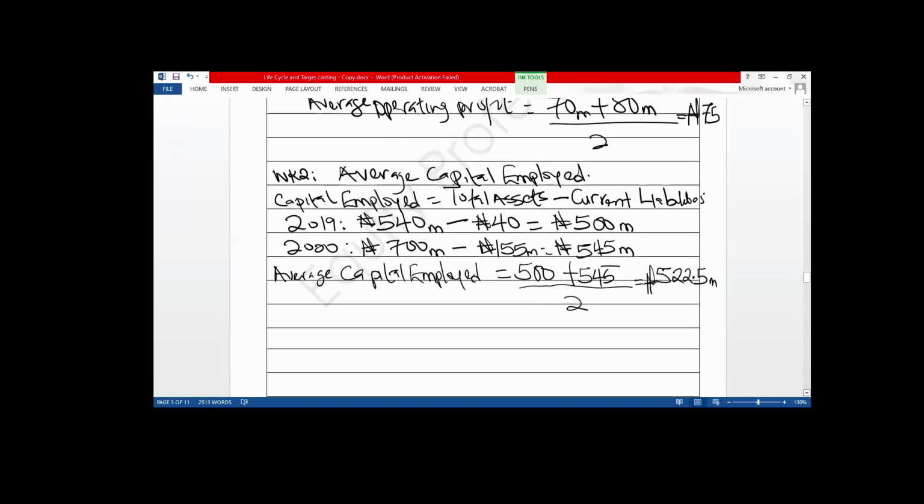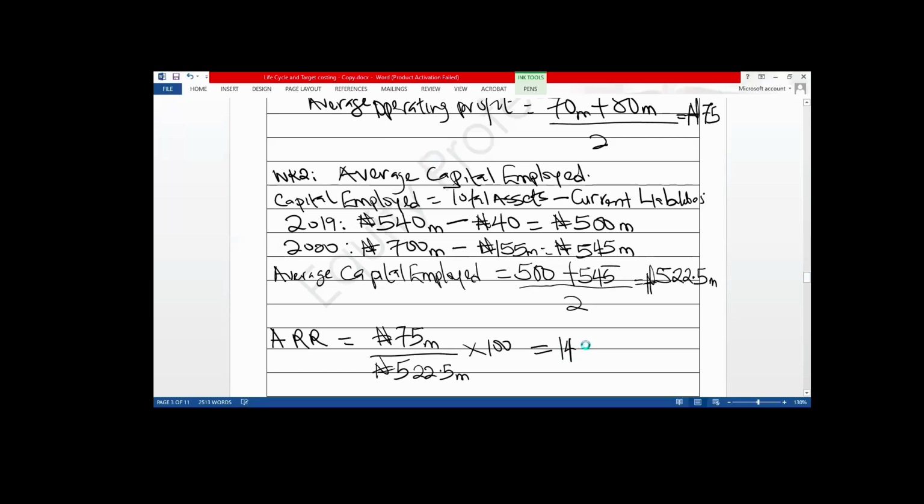Correct. You can now calculate your average rate of return, which is equal to average operating profit, 75 million, divided by average capital employed, 522.5 million, multiplied by 100. Please find the percentage. 14.35.